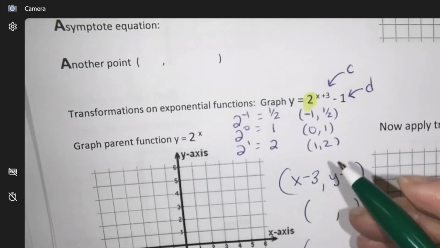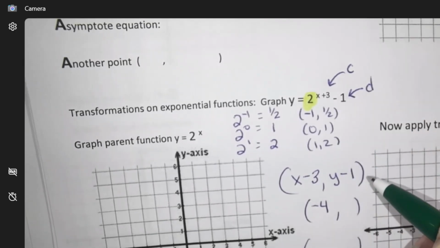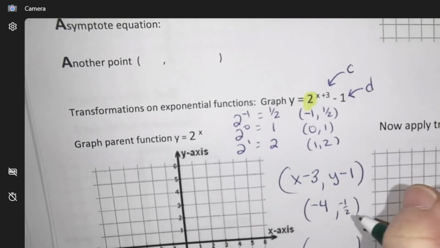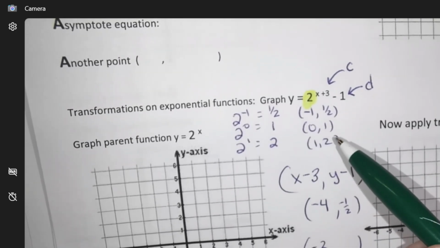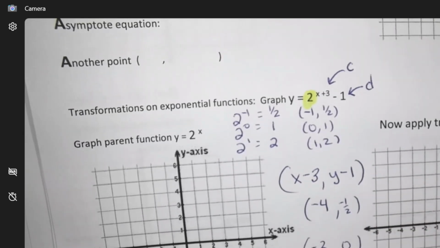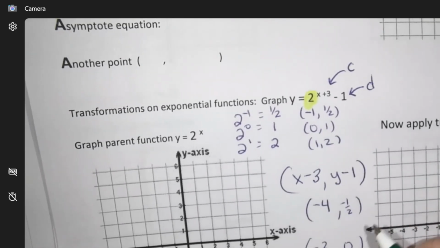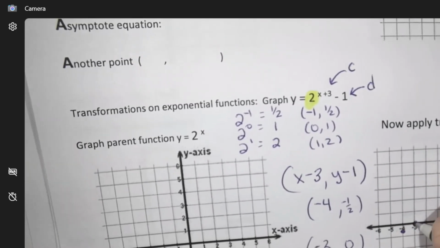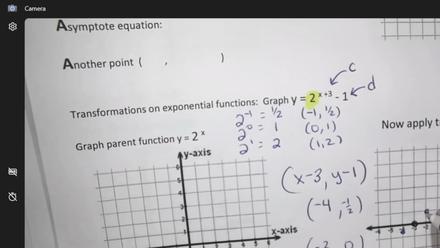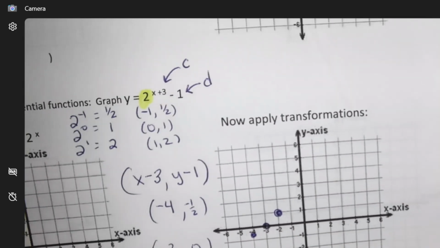So negative 1 subtract 3 is negative 4, comma 1/2 subtract 1 is negative 1/2. 0 subtract 3 is negative 3. 1 subtract 1 is 0. 1 minus 3 is negative 2, comma 1. So there's those 3 coordinates.